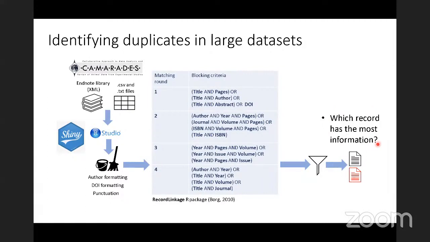So in living systematic reviews, you maybe want to keep the old records in your database over the new ones that are coming in. So I built in a way to be able to change this criteria depending on your systematic review design. And I also built all of this workflow into a Shiny application for people to use, because I didn't want it to only be accessible to our users.